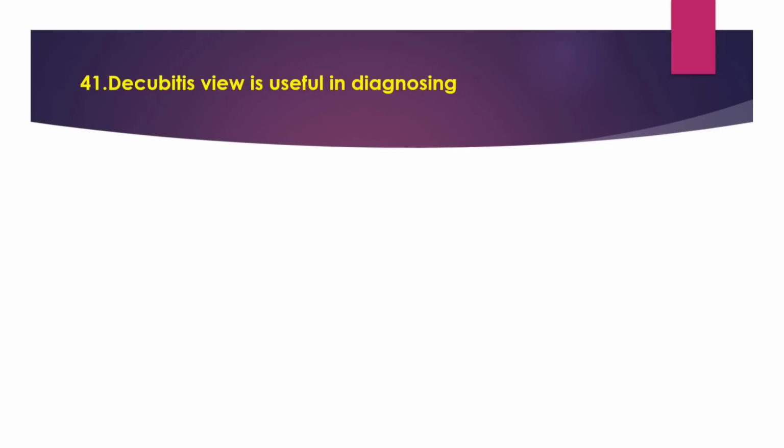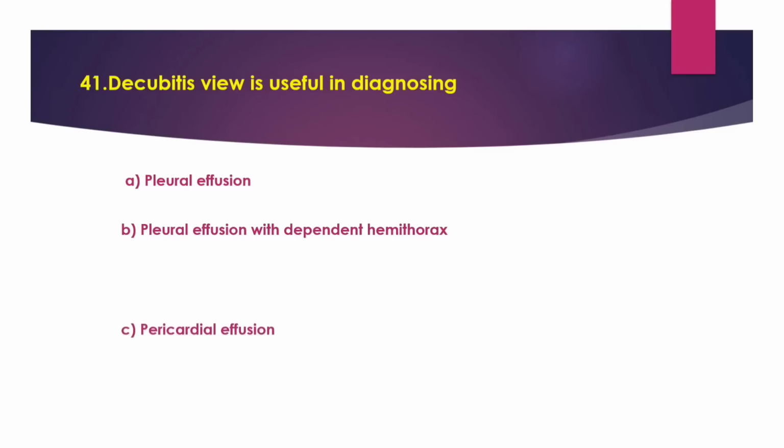Moving on to the next question, question number 41. Decubitus view is useful in diagnosing: option A, pleural effusion; option B, pleural effusion with dependent hemithorax; option C, pericardial effusion; and option D, middle lobe consolidation. Usually the decubitus view is when the patient is lying on either side.